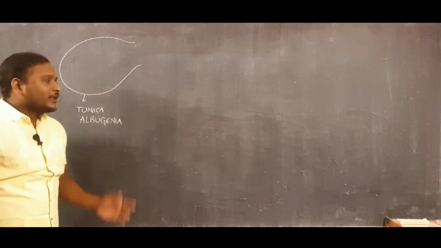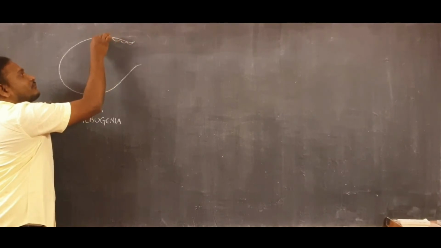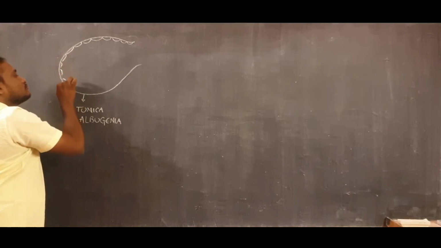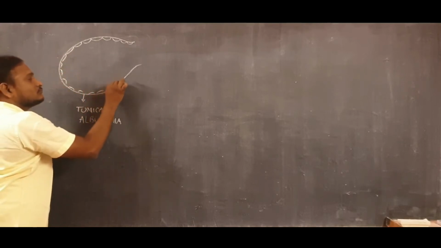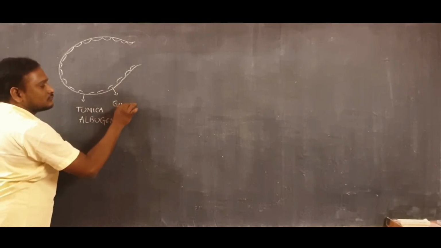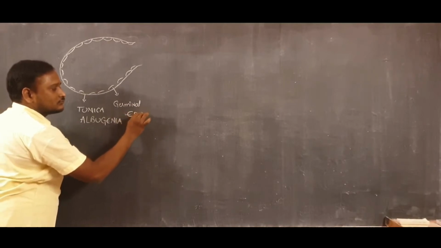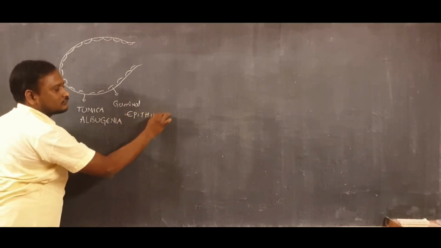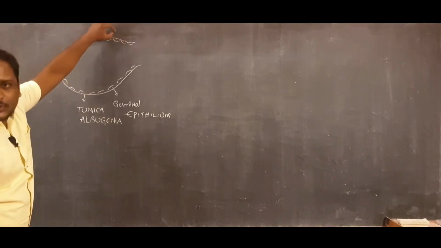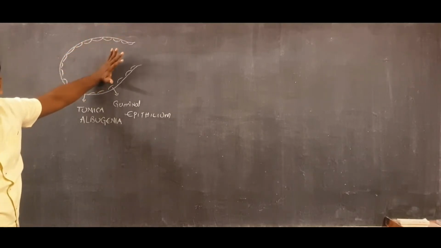On the inner side is the germinal epithelium. So the ovary consists of two layers: the tunica albuginea and the germinal epithelium.